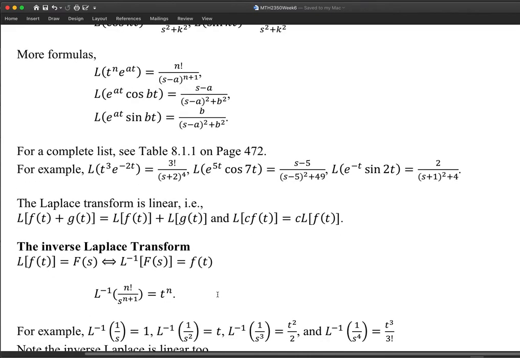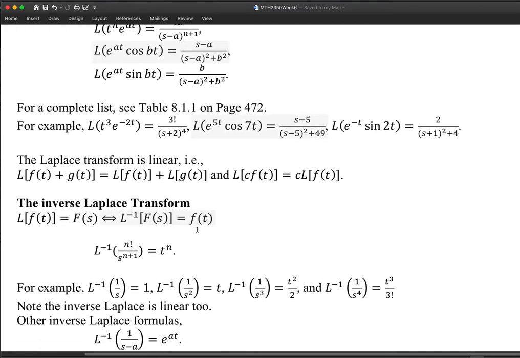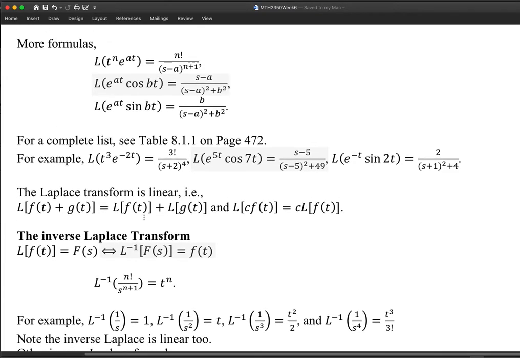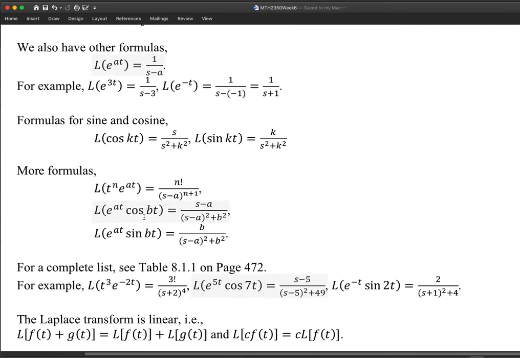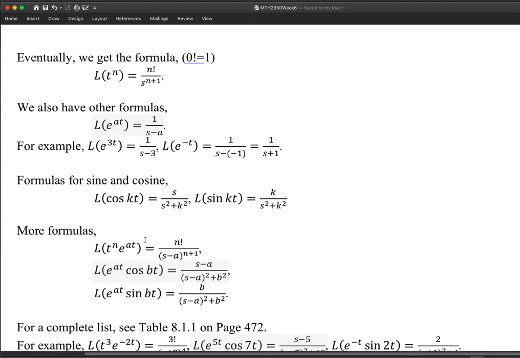More importantly, for this part we are going to work with the inverse of the Laplace transform, the inverse Laplace transform. Look at all of the formulas. Roughly, we can say the Laplace transform converts a function of variable t into a new function of variable s, from t to s.